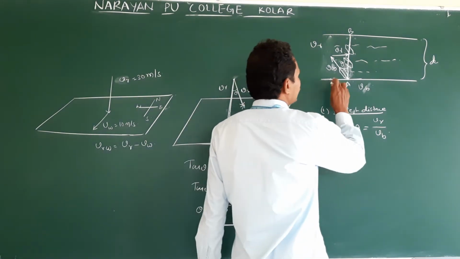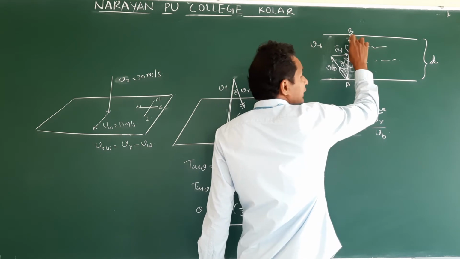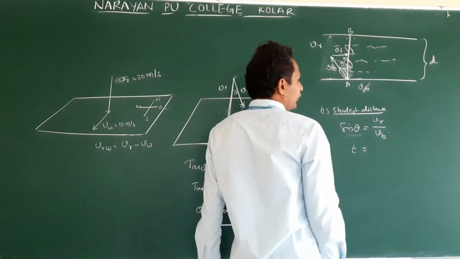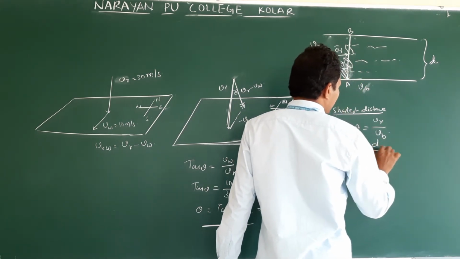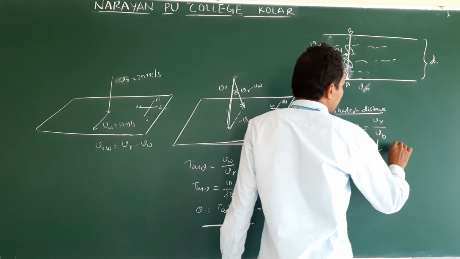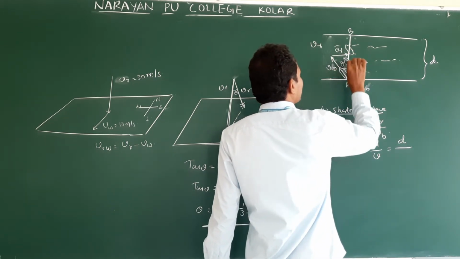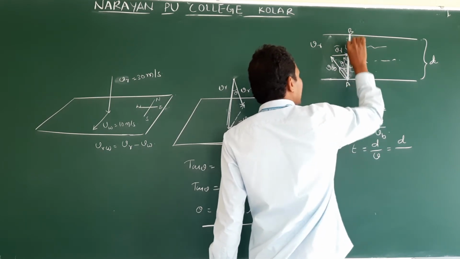Understand? So next, the time taken to reach the opposite bank. Velocity is equal to distance by time, so time is equal to distance by velocity. The distance is d, the width of the river, and the boat follows this path only.